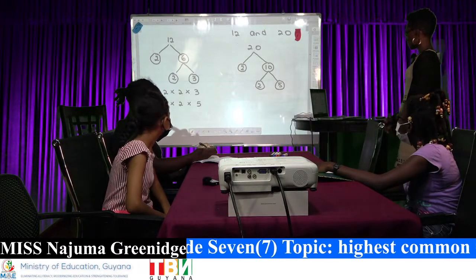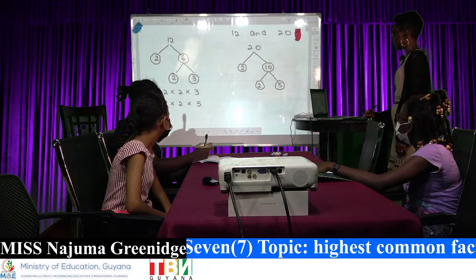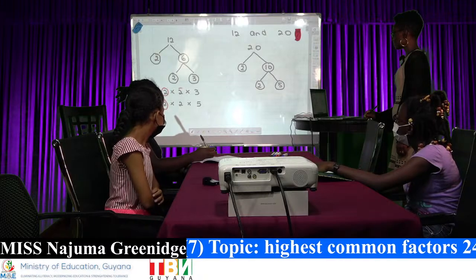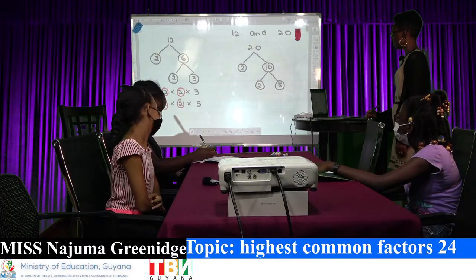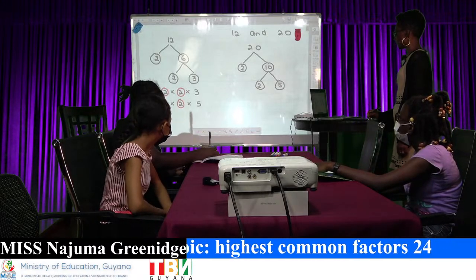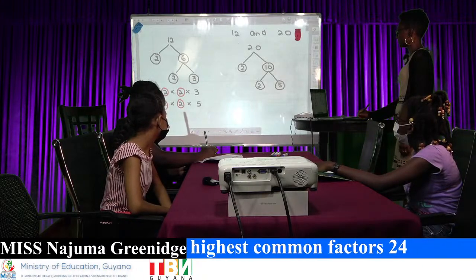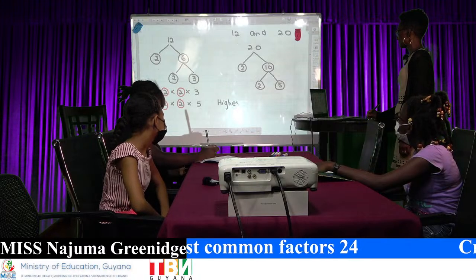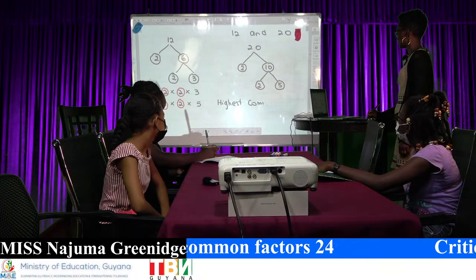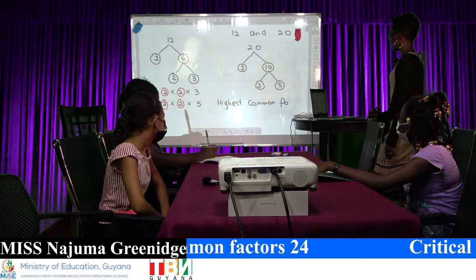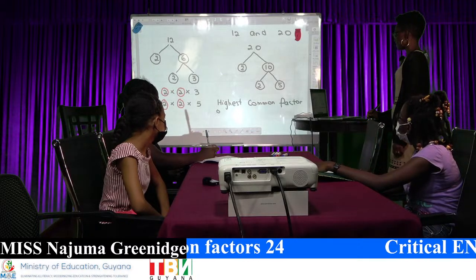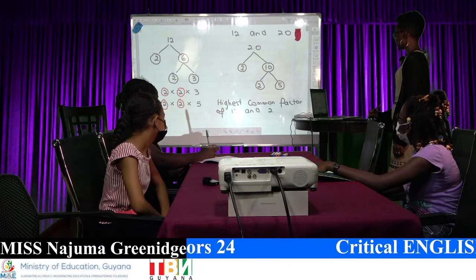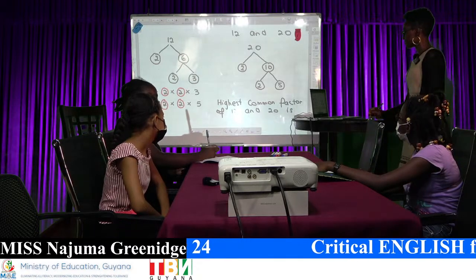Wonderful. So let's pick out the common one. So we have a 2 here and a 2 here. And we have another 2 here. And we now have another one here. So in terms of the pair, so we write highest common factor of 12 and 20 is, so we have them in pairs here.